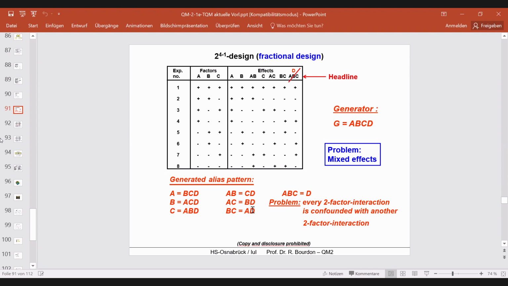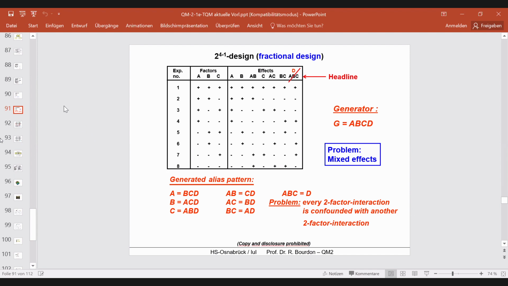You cannot say if the effects are coming from AB or from CD, or from AC or from the interaction BD, or from BC or AD. So you have mixed effects, and this is the big problem with the Taguchi experimental designs.